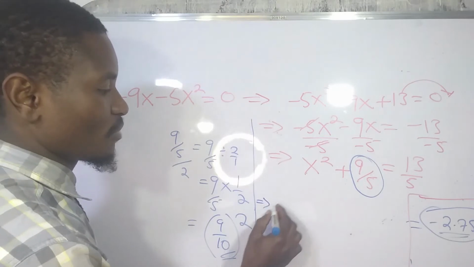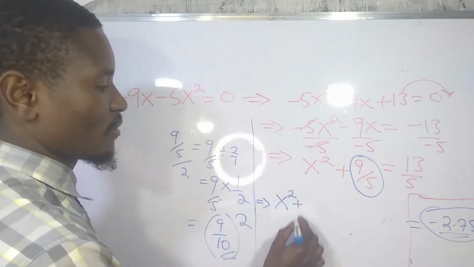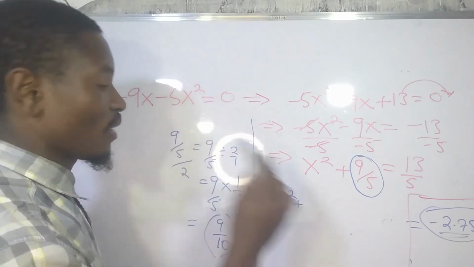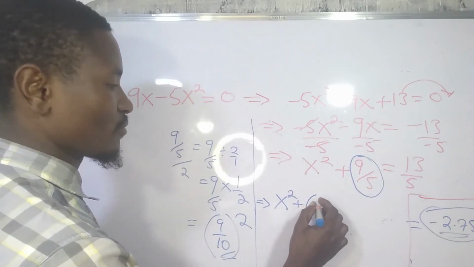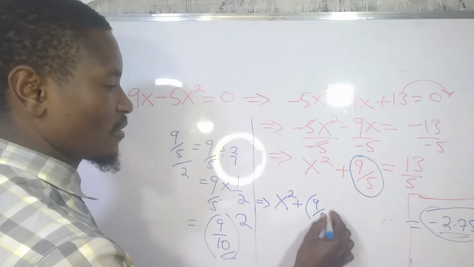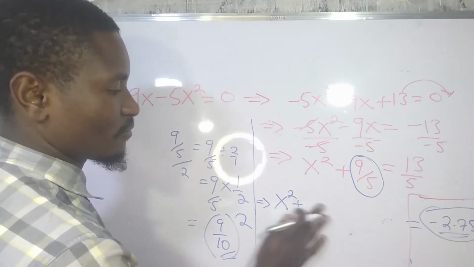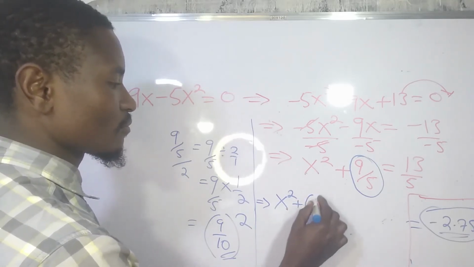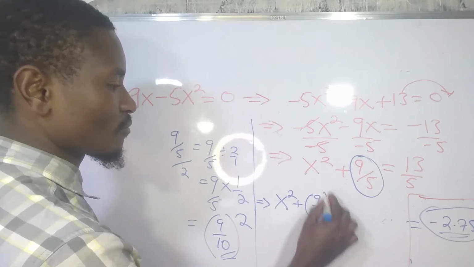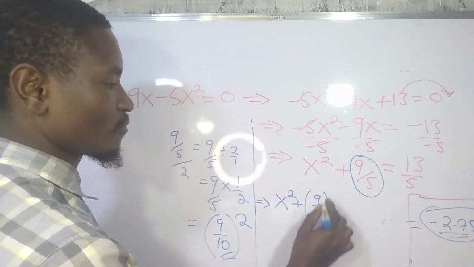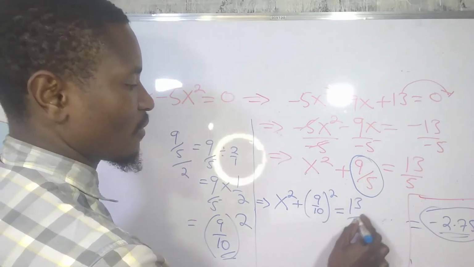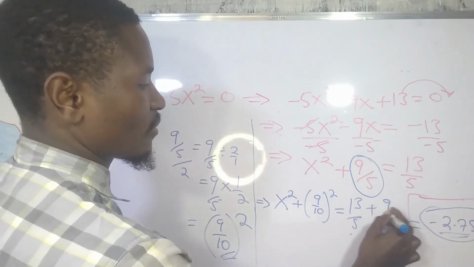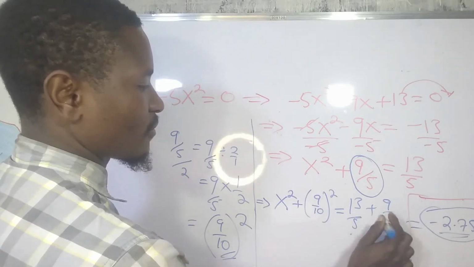And this is going to be x squared plus 9 over 10, equals 13 over 5 plus 9 over 10.